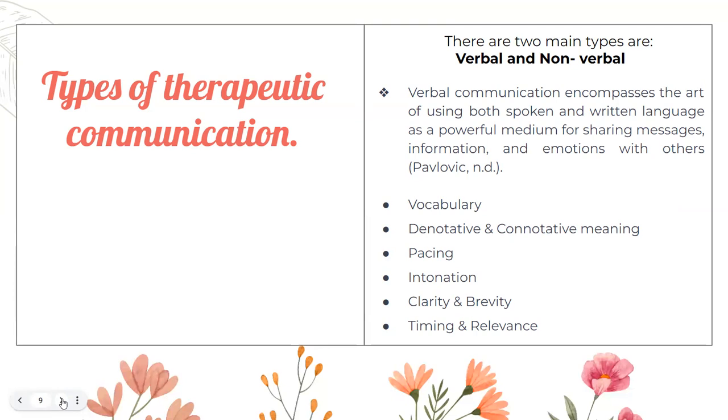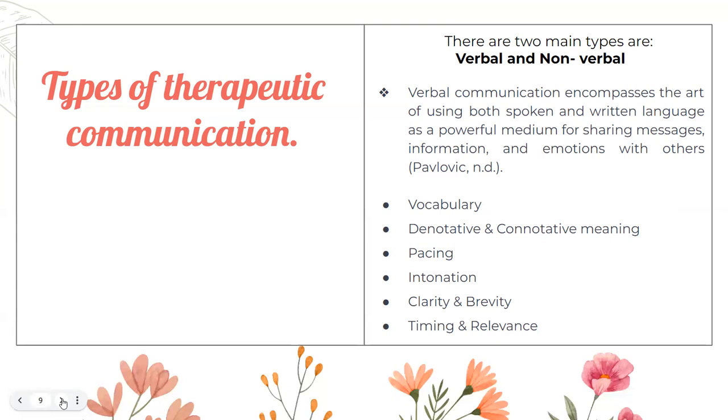Denotative and connotative meaning: beware of what words imply and their emotional impact to avoid misunderstanding. Pacing: this is how we speak at a pace that suits the situation, whether we slow it down for patience or speed it up for clarity.